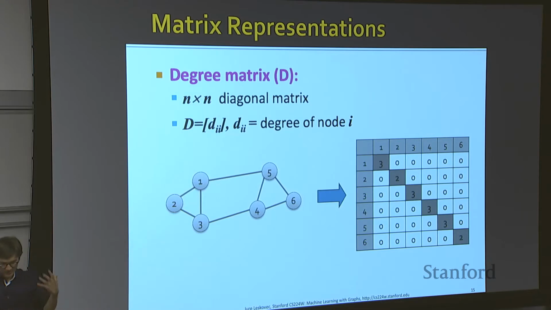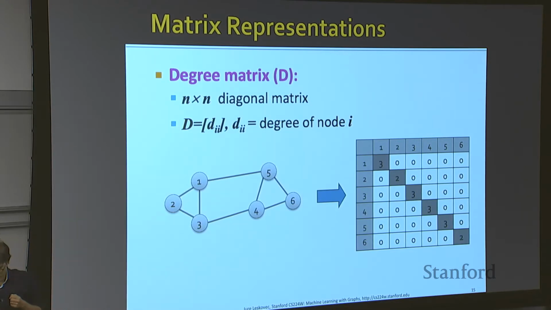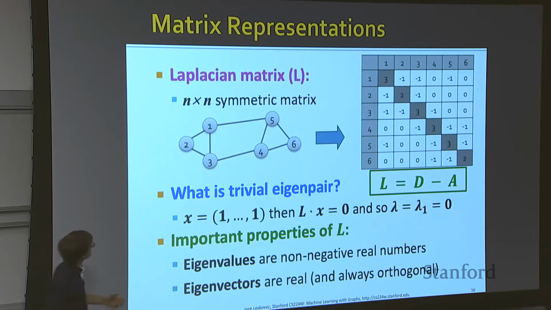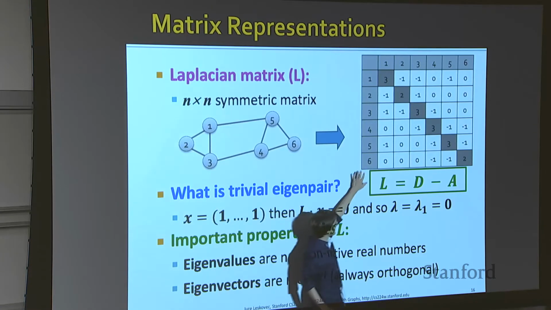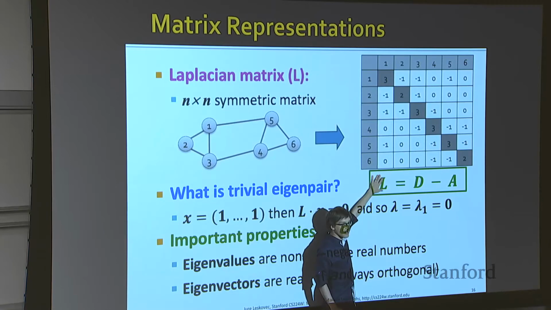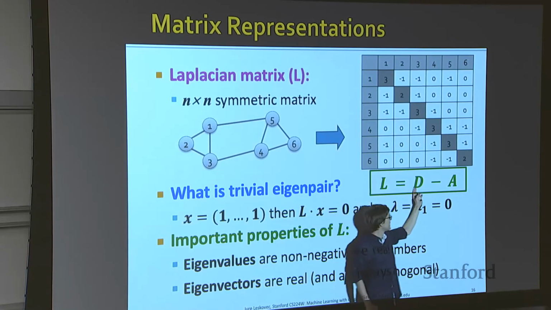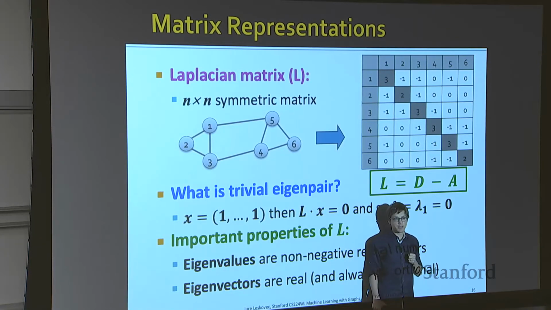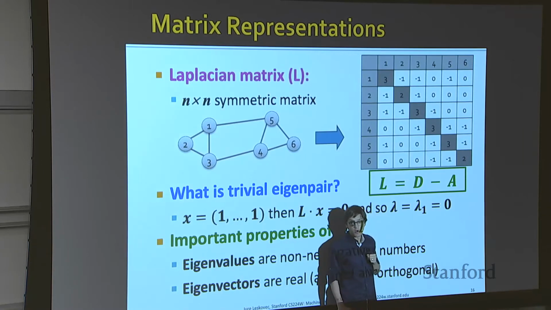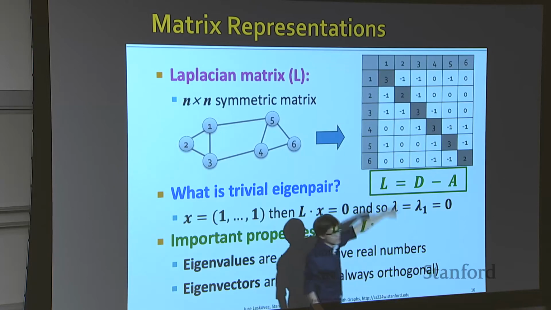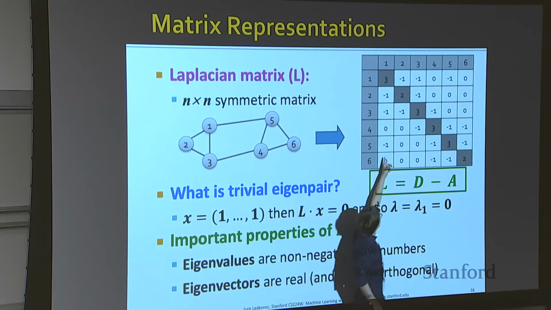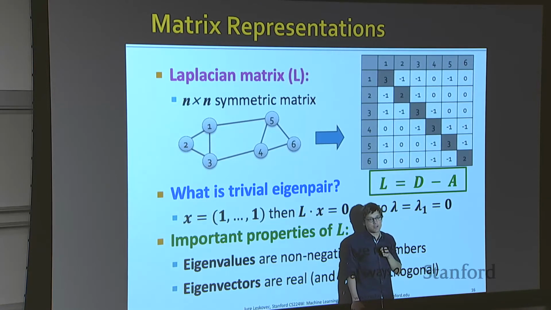Now that we know what the adjacency matrix and the degree matrix are, we define the Laplacian matrix. The Laplacian matrix of a graph, which we label L, is the degree matrix minus the adjacency matrix. So here's the Laplacian of our graph. What do you notice? We have the degrees, which are positive, on the diagonal, and we have -1s wherever there's an edge.